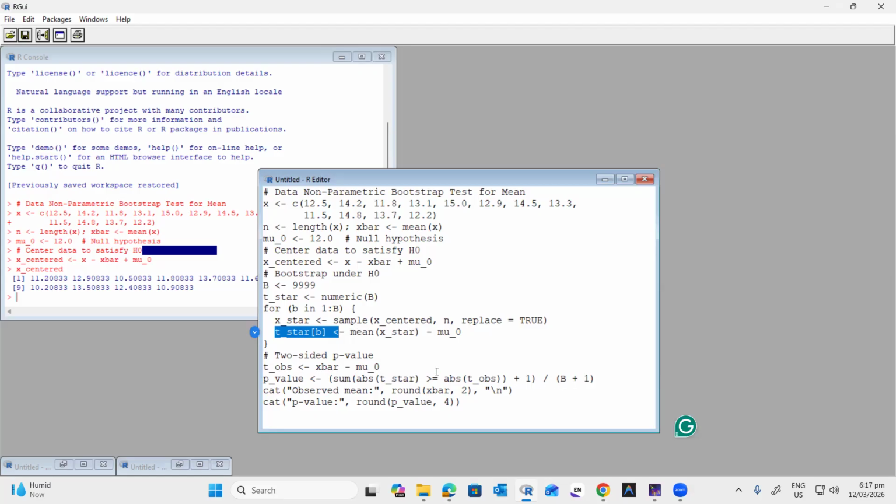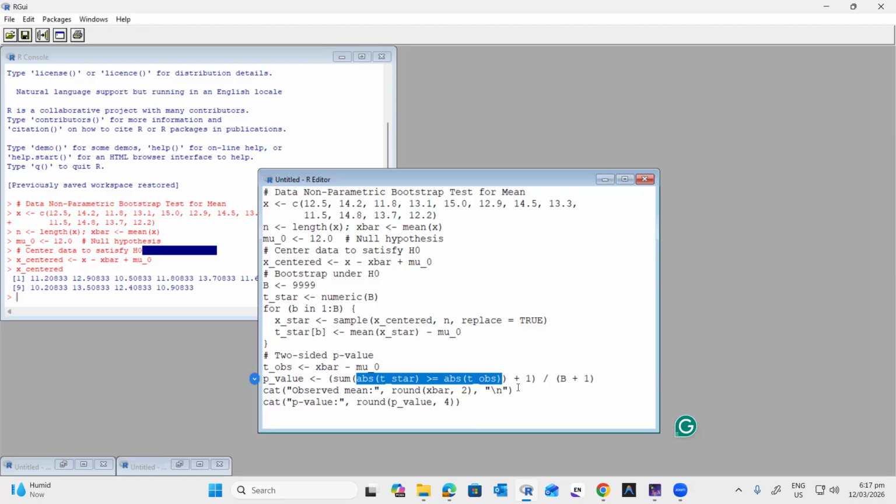All right, here, it creates a logical vector and sum counts the number of TRUEs, and plus one in the numerator and the denominator is the common correction, that is the Davison-Hinkley correction that I told you about in the previous lecture, to avoid a p-value of 0 and to account for the Monte Carlo error.